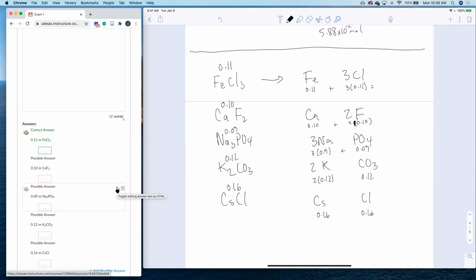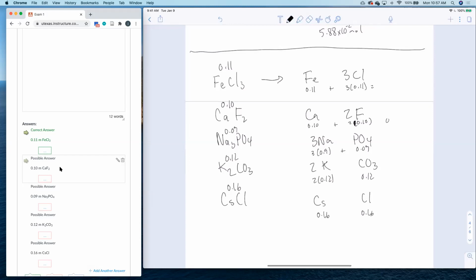I'm always drawn to the ones with the largest Van't Hoff factors, which is sodium phosphate and iron chloride at the top. It looks like iron chloride turns out to be the correct answer. If you just go through and calculate it for all of them, there's probably a way to eliminate some without doing the calculation.